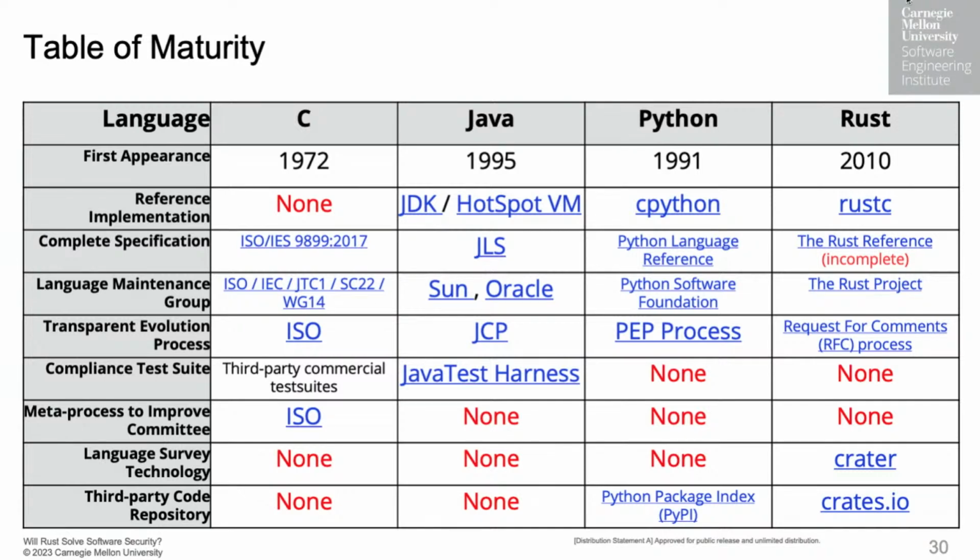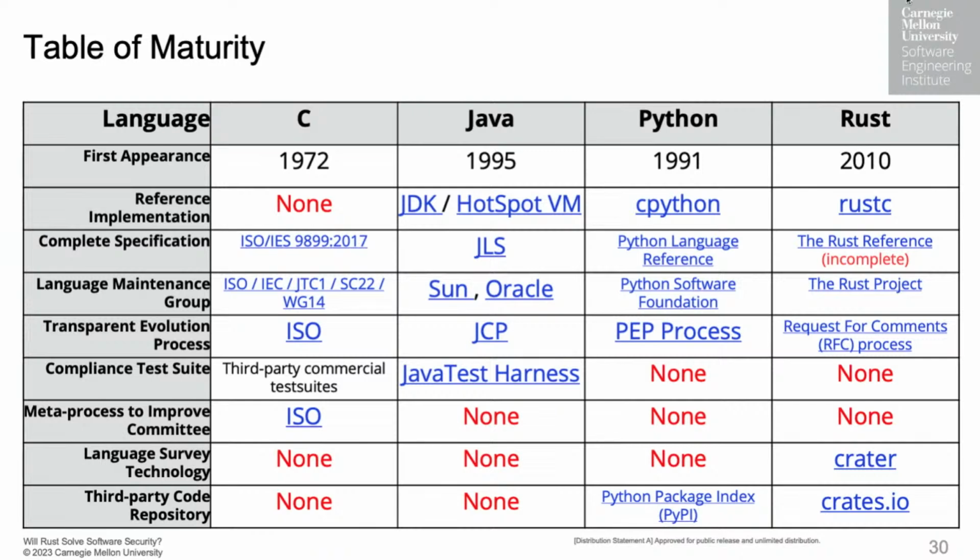However, Python and Rust excel not so much on the bureaucratic side, but on the technological side. Both Python and Rust have official repositories for third-party code. Joe already mentioned Crater for Rust. Cargo. Sorry. Cargo, Crater. These words all start to sound alike after a while.